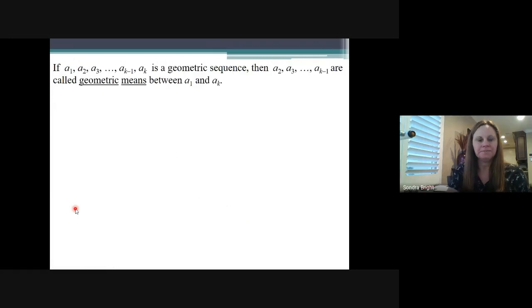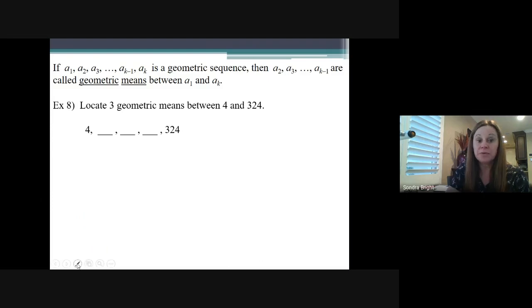All right, same thing with arithmetic means, but now it's geometric means. If this is some sequence, A1 to AK, then the terms in the middle, A2 to A(K minus 1), are what we call geometric means between the first term and the last term. If I say locate 3 geometric means between 4 and 324, you're going to write the first number.